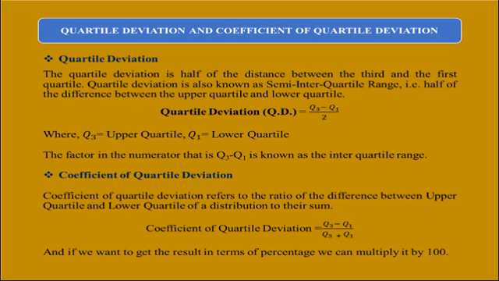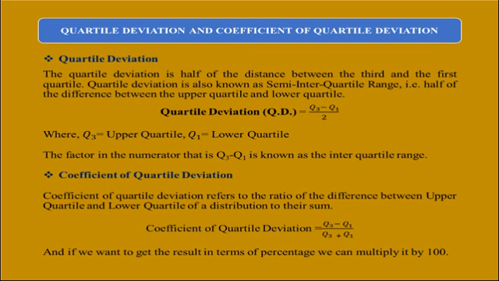Let us now discuss the coefficient of quartile deviation. It refers to the ratio of the difference between the upper quartile and lower quartile of a distribution to their sum.